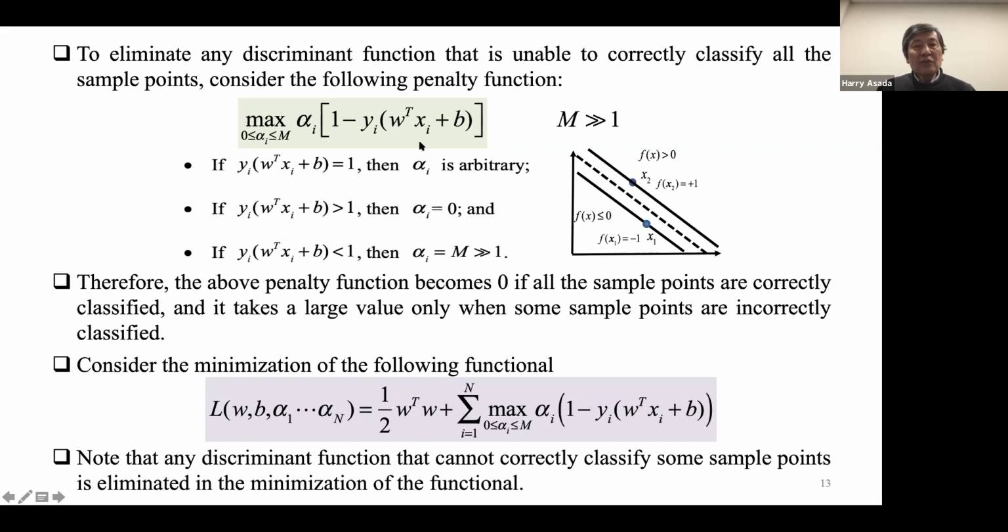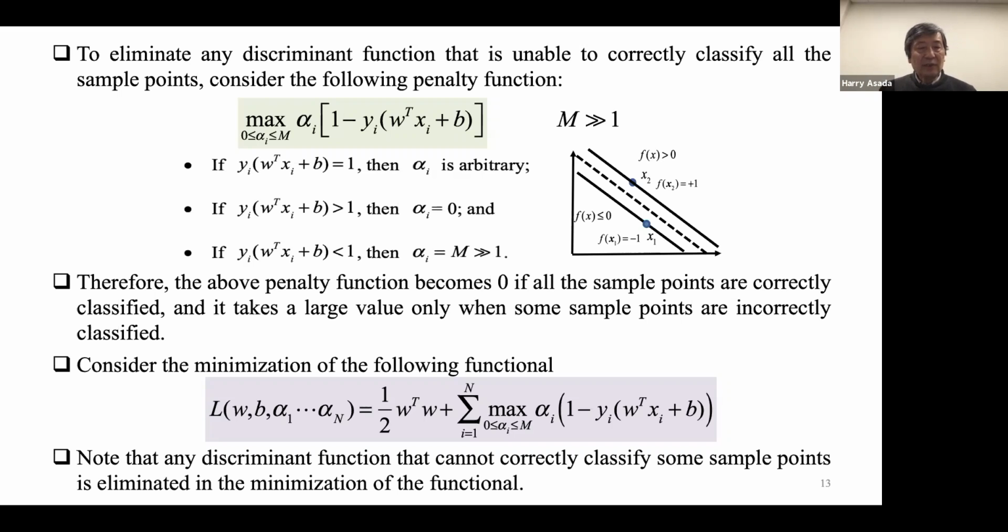So what this means is that if the choice of W and b cannot classify all the points correctly, you get some terms in this category, which are positive. So alpha can take a large value, and you have a large penalty value, M times this term. That's a way to eliminate, to rule out those W and b which are unable to classify all the points correctly.